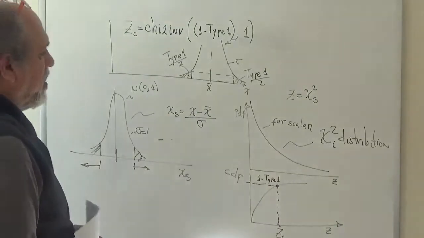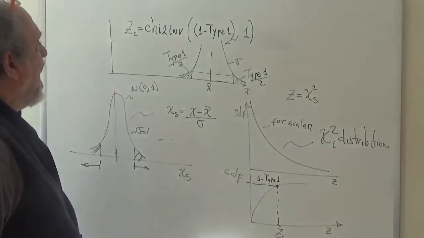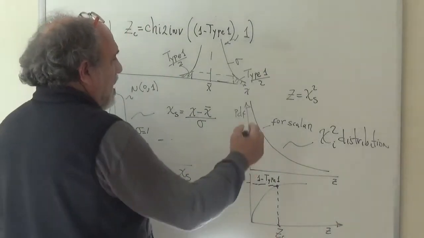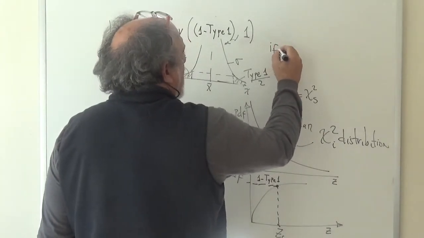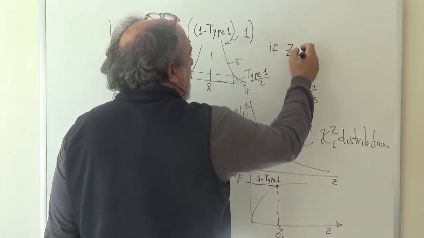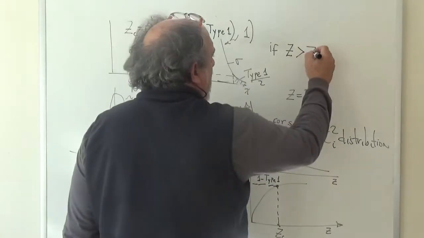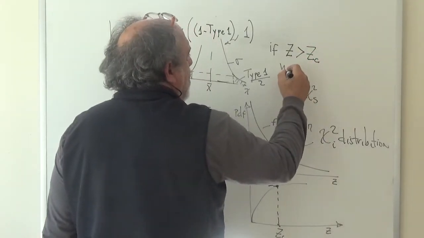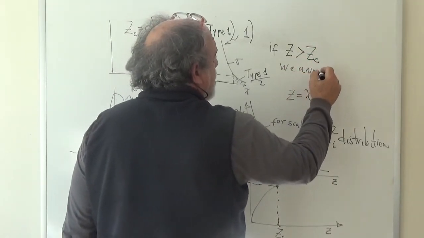So that would give us this number, Zz. And then we would say that if z is greater than Zz, we announce damage.